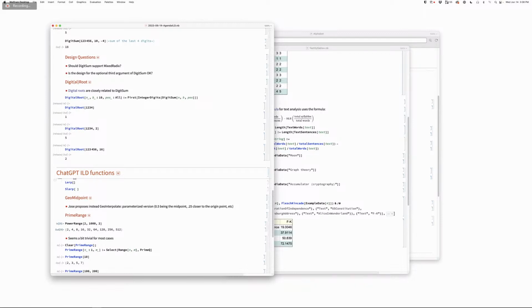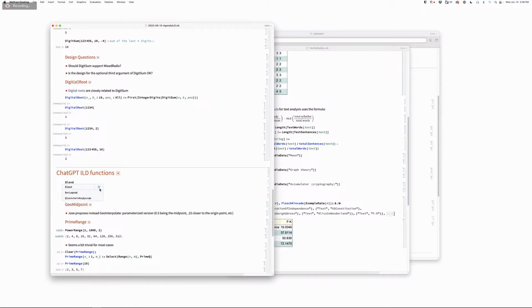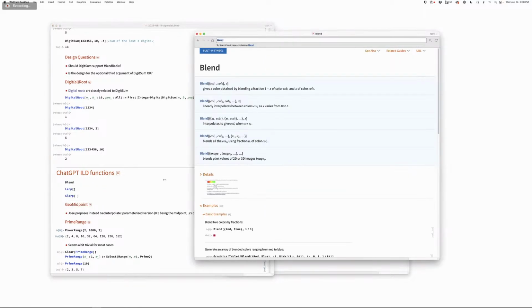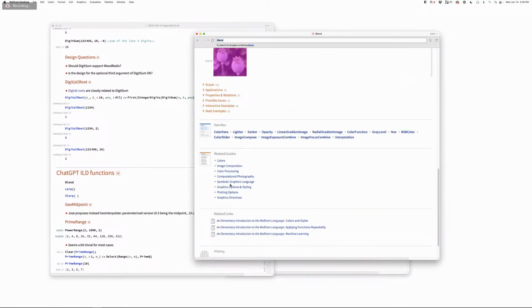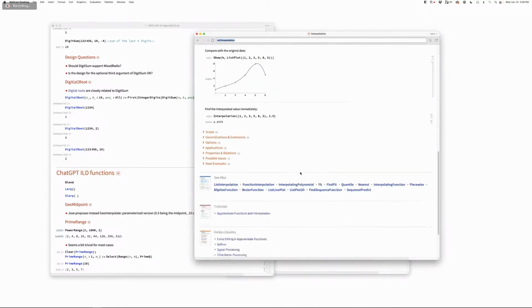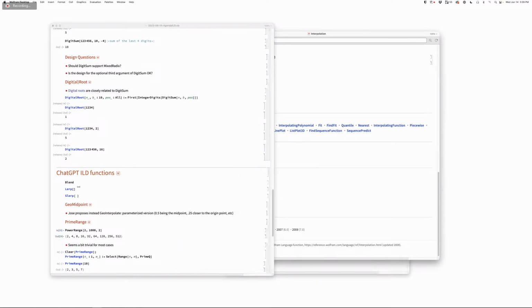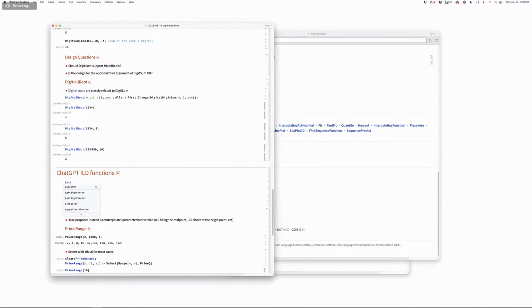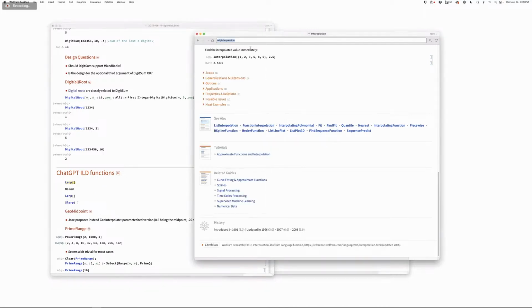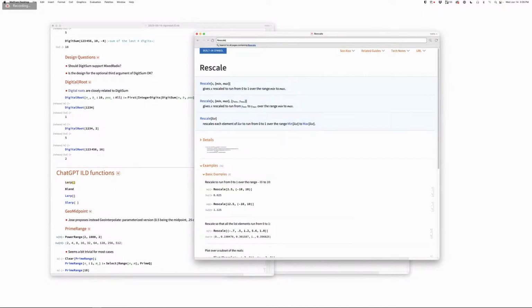Blend? Yeah, it's like Blend, but it isn't Blend. Blend does it for colors, obviously, but I don't know the general one. This is a very useful function to be able to get. Maybe we don't have it. It's similar to the function Rescale. Rescale is similar, but it isn't the same thing.